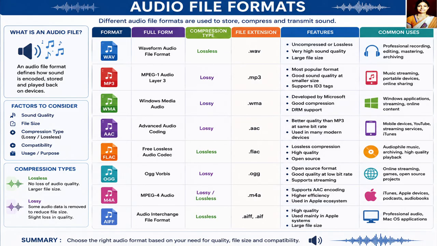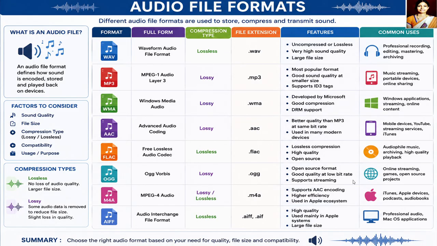Next, .WMA is the Microsoft audio format designed for compressed digital audio. So these are the various audio file formats. The choice of audio format, we can understand, depends mainly on quality, file size, compatibility, and the intended usage.